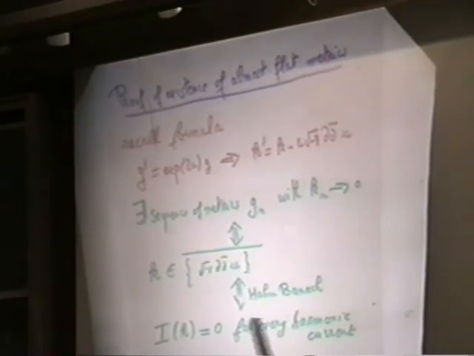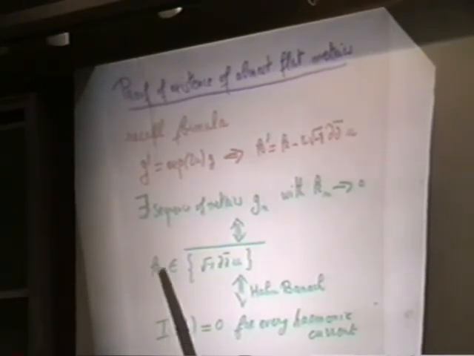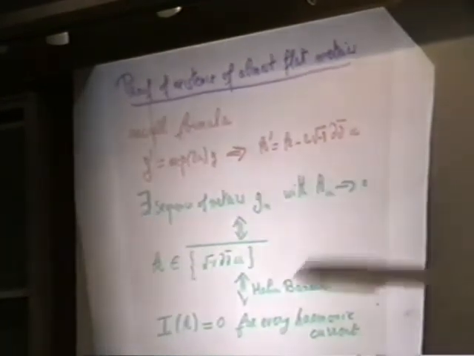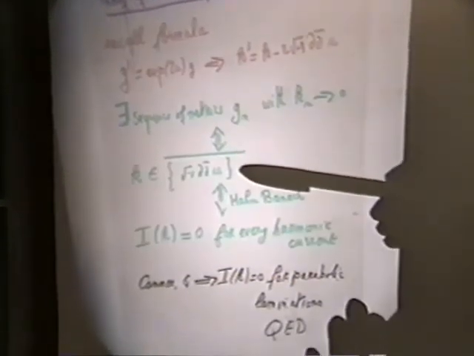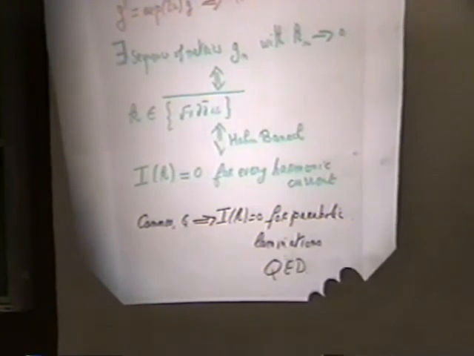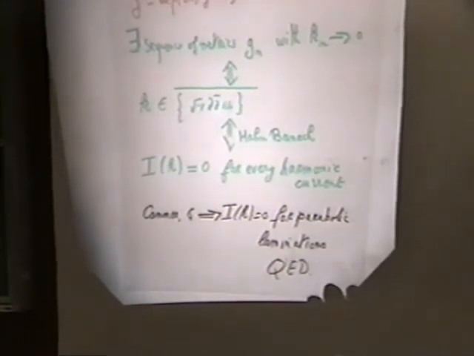The Hahn-Banach theorem tells you that you can approximate an element of a topological vector space by some subspace, as long as you cannot find a linear functional vanishing on the subspace but not on the element. In other words, to show that this form lies in the closure of that subspace, it is enough to show that any linear functional vanishing on the subspace vanishes on K. So the point is to show that I of K is 0 for every harmonic current, because by definition, harmonic currents vanish on these Laplacians of functions.